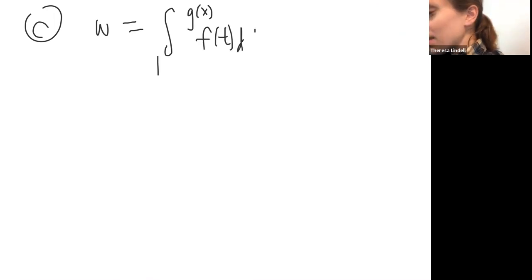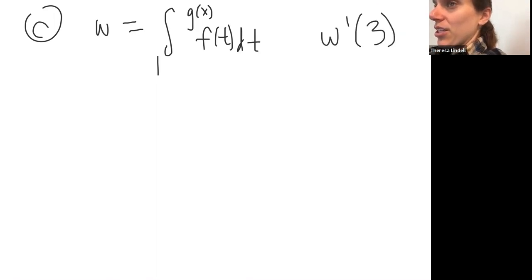Next one, part C. Let W be given by the integral from 1 to g of x of f of t dt. Find the value of W prime of 3. Oh man, that's crazy. Because prime means derivative, right?